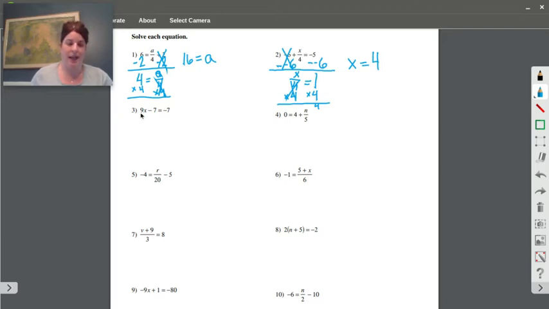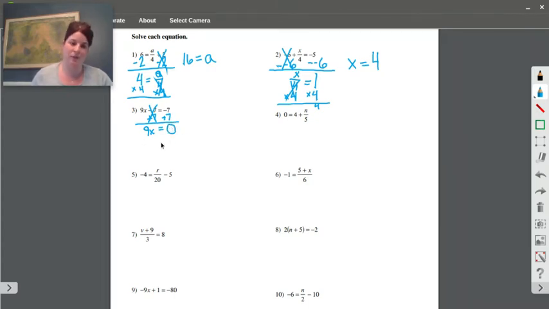All right, how about this one? 9 times x minus 7 equals -7. We're going to start by getting rid of this subtraction because it's the last thing we would do in our order of operations. So we add 7 on both sides. So 9 times x minus 7 plus 7, that's just 9x. -7 plus 7 is 0.